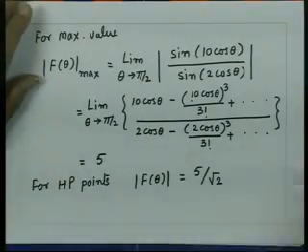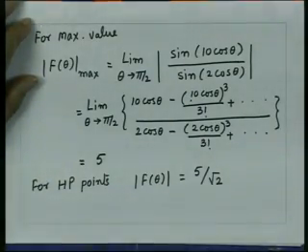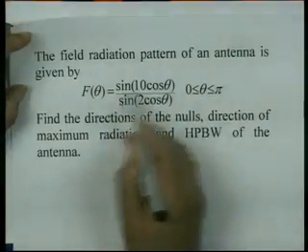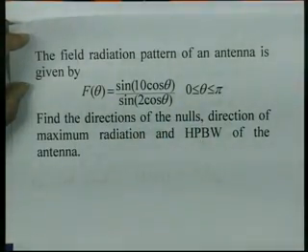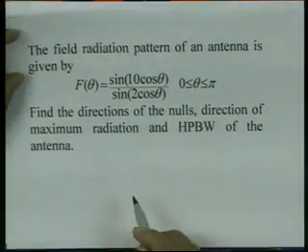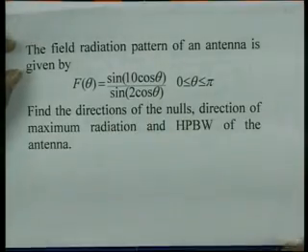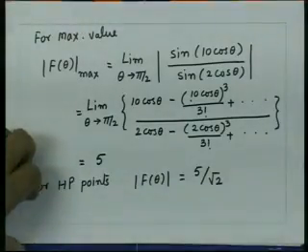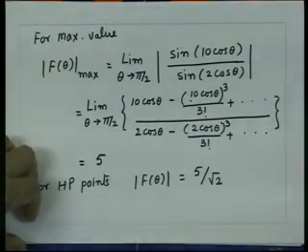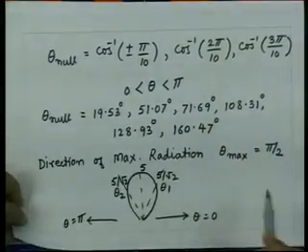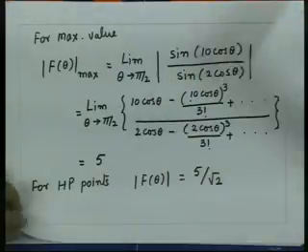Now, this thing cannot be solved analytically. This expression should be equated to 5 upon root 2, and this has to be solved numerically. So, we have to get the values for these two angles theta 1 and theta 2 by solving that expression numerically.